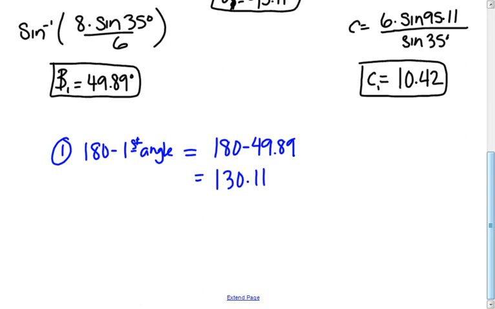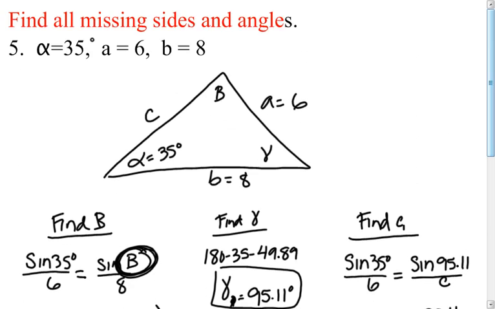Okay, now the first angle that I found was beta. So the question is, can this be my second beta? And you have to go all the way back up to the original triangle. I go all the way back up here. And here's the deal. I'm going to start this whole problem over. I'm going to ignore everything I already found. I'm going to ignore beta 1, gamma 1, C1. I'm going to ignore all of that. The question is this.